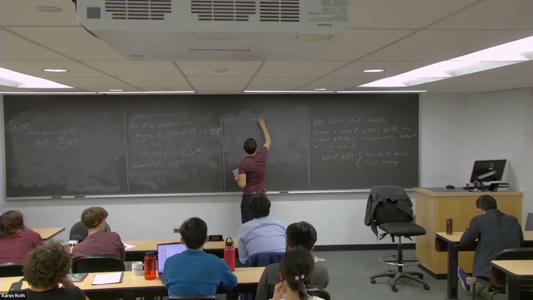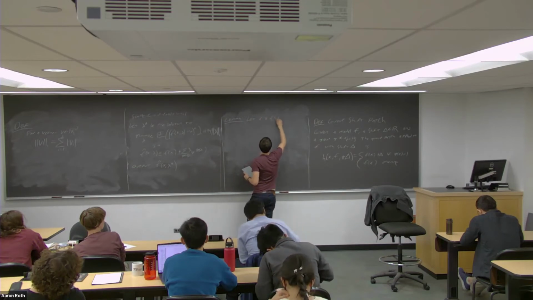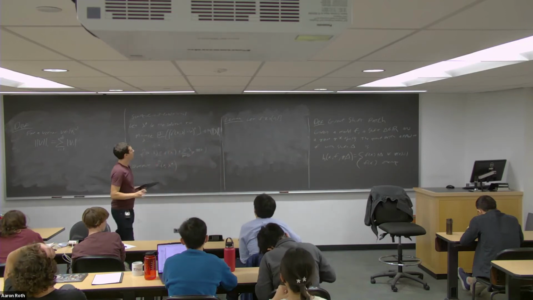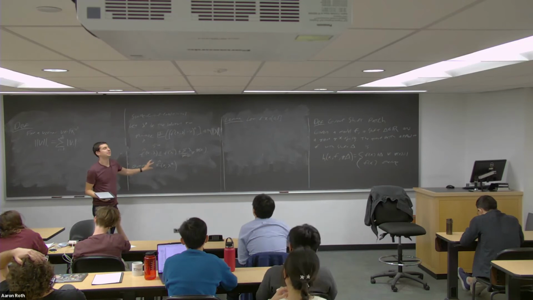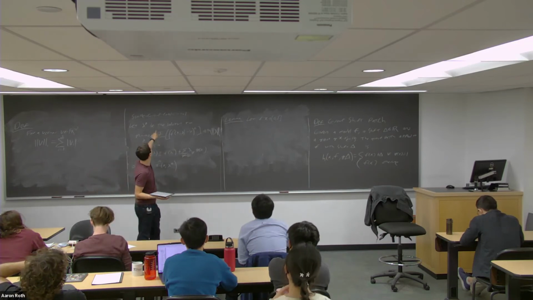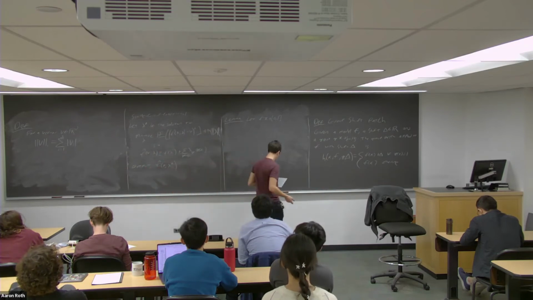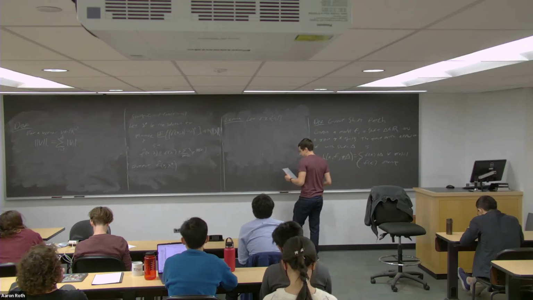So let F, once again, be any model. I'm going to assume that we don't know that the output of this thing has range 0, 1, but I'm going to assume that the model you give it as input has range 0, 1. Be any model with range 0, 1. The range 0, 1 is important here.